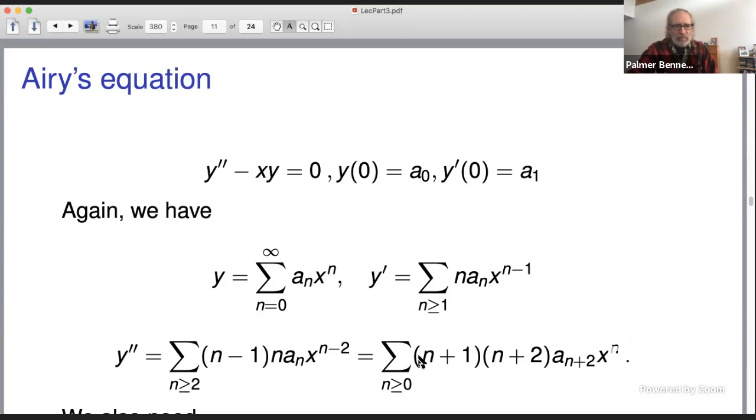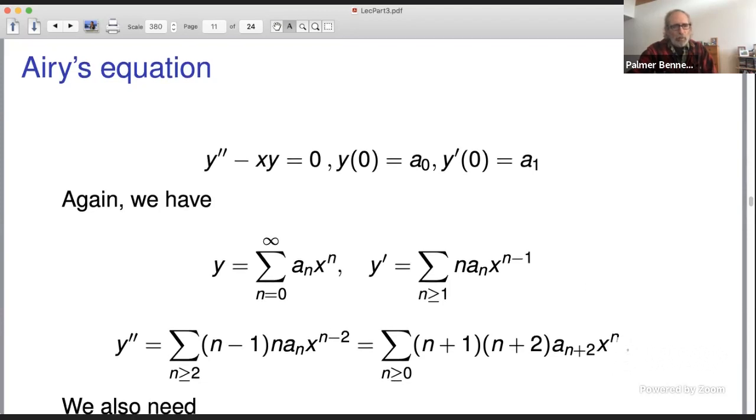And we shift the index the same as before. This is the same step. We added 2 to all of the n's, and it changed in this way, and we started the summation at 0. So the first term here is the same as the first term there. This looks exactly like what we did in the previous example. The difference is that we have xy here instead of y.